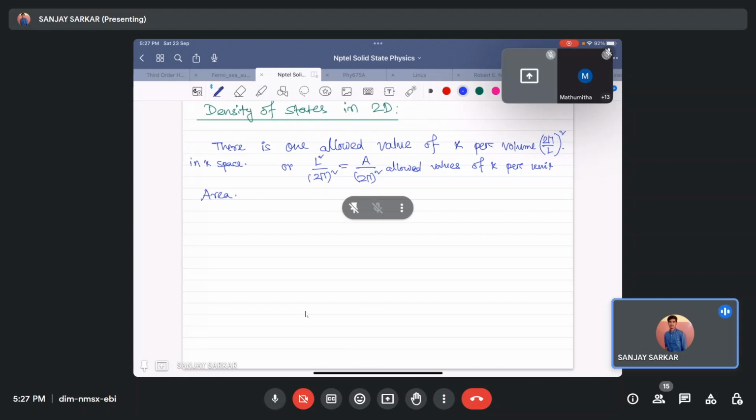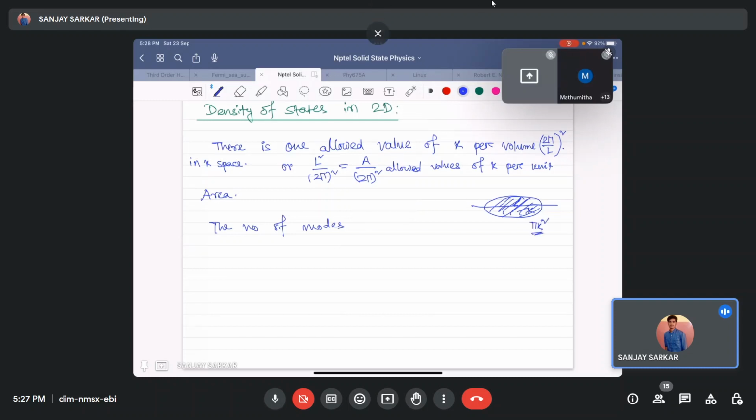In 2D, the number of modes that a circle of radius k encloses is, so in 2D you will have a circular region. If this is k, this will be the number of modes in this area. The area will be pi k square.